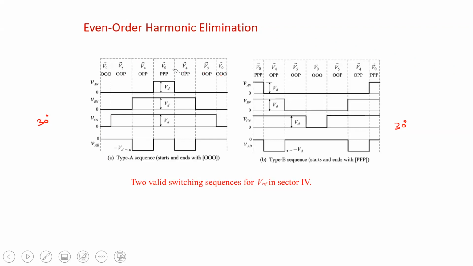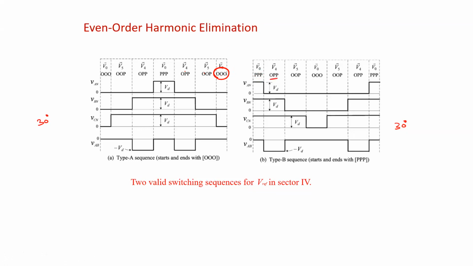Right. So after 30 degrees, what changes is this: from 0 to 30 degrees, the sequence ended with 0, 0, 0, but from 30 degrees onwards it started with PPP.